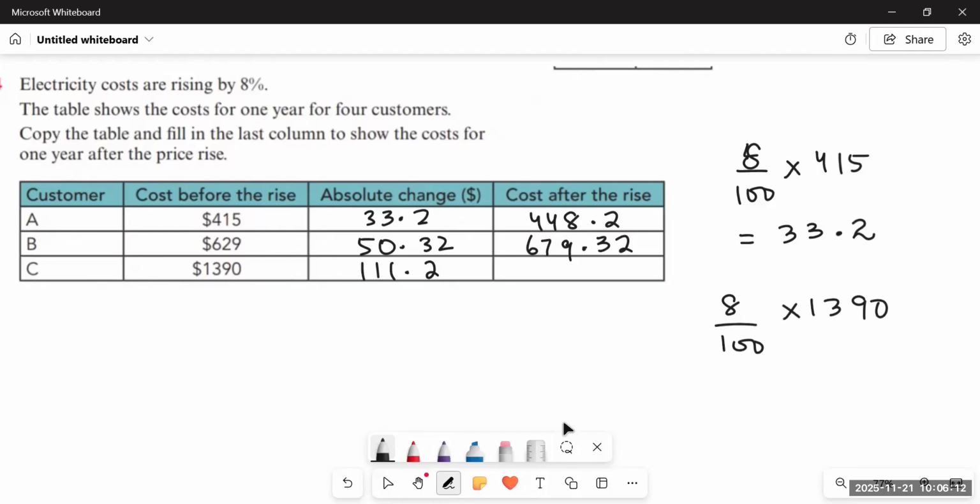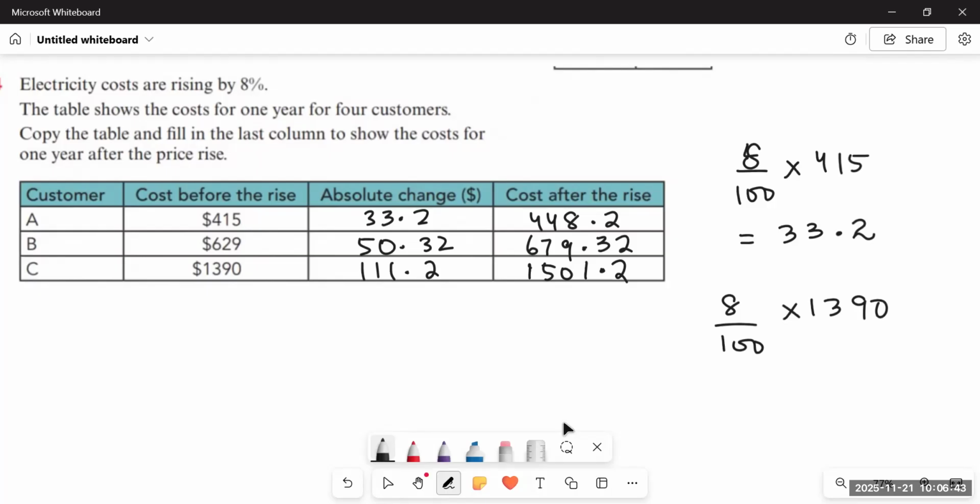For the last one, it is 1390 plus 111.2, which is 1501.2. So the new electricity costs would be 448.2, 679.32, and 1501.2 after a rise of 8%.